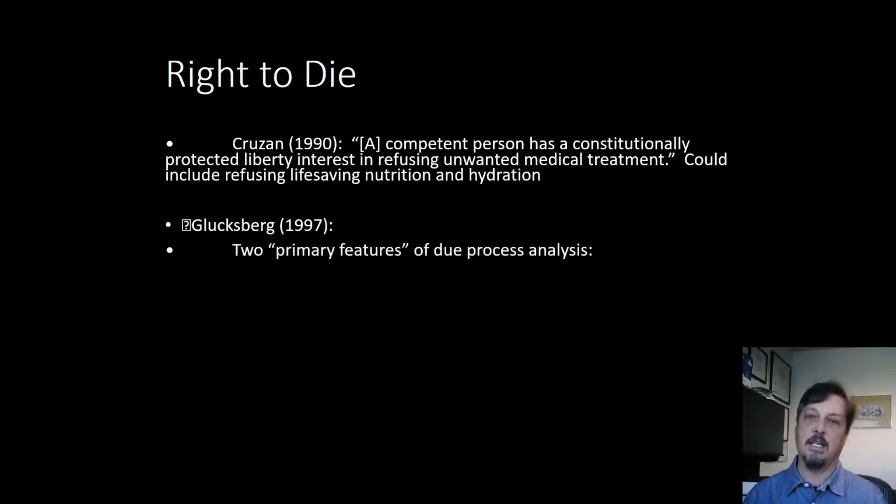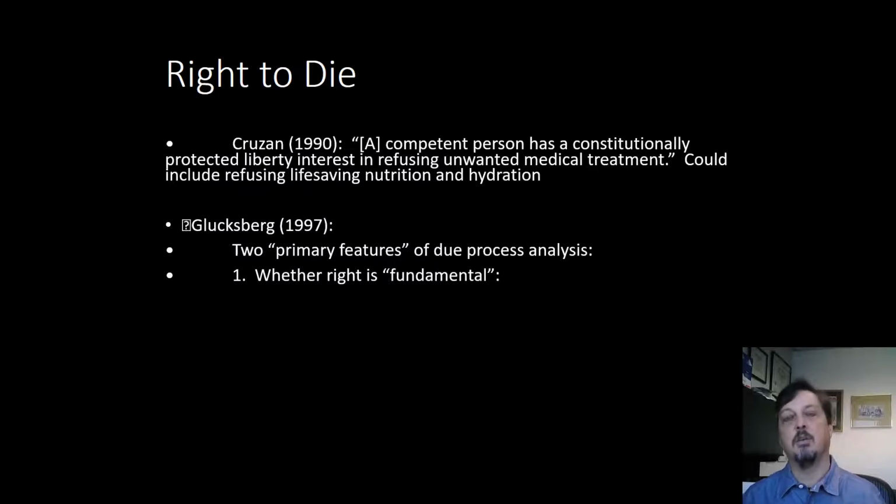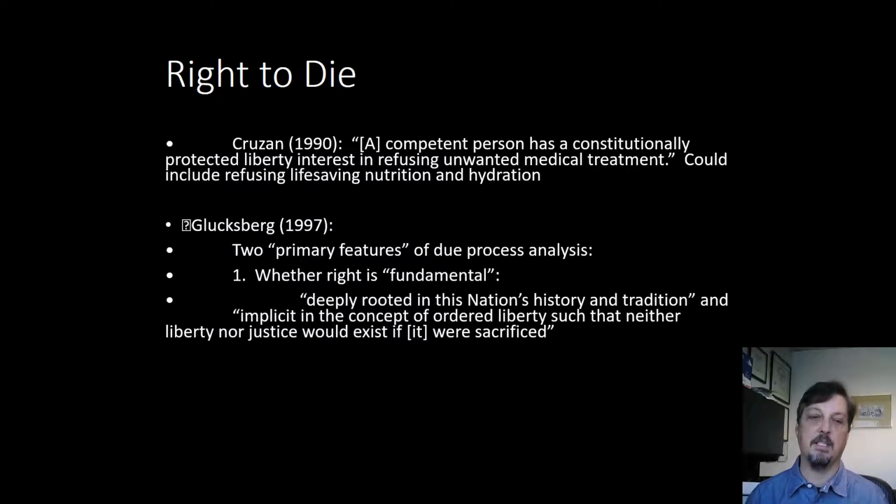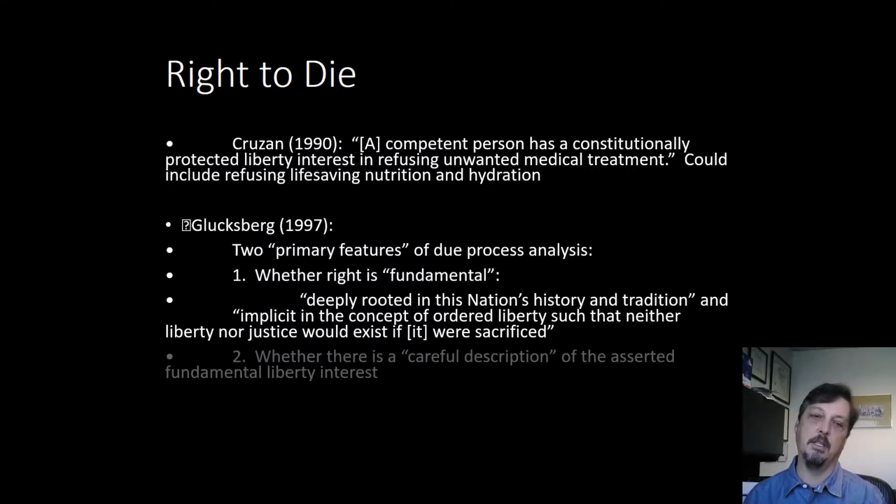We then looked at the Glucksberg case in 1997. The court noted in that case that there were two features to due process analysis in trying to decide whether we're going to recognize a substantive due process claim. The first is whether the right is fundamental, that is, whether it's deeply rooted in the nation's history and tradition and implicit in the concept of ordered liberty.